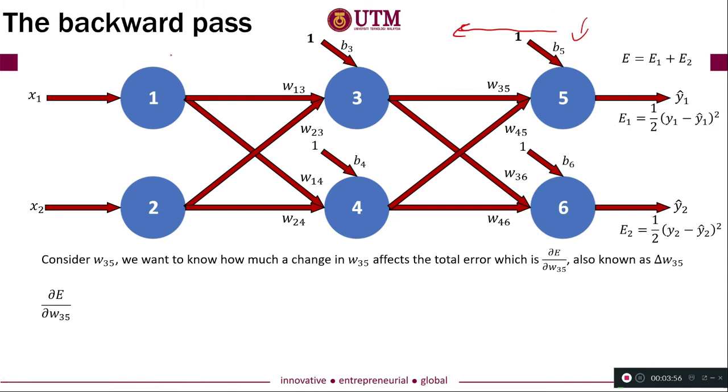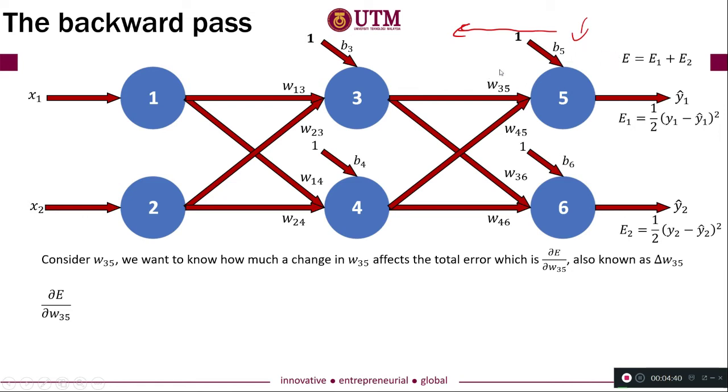So in the backward pass, from here, let's consider only one W, which is W35. We want to know how much a change in W35 affects the total error. This is why our objective is to find del E over del W35, because it represents how much a change of W35 affects the total error, meaning how much this W contributes towards this error.